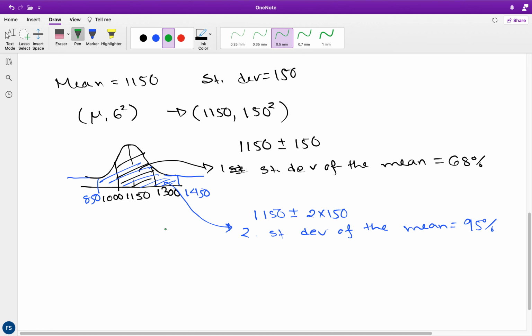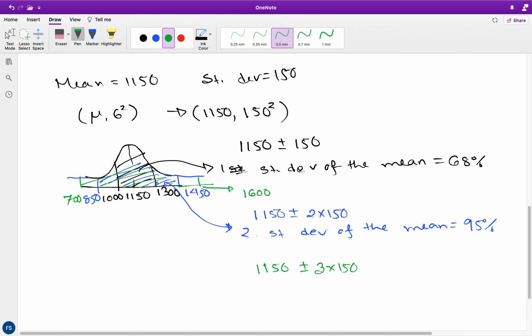If I ask you to draw the third standard deviation of the mean, you are just going to plus minus 3 times the standard deviation. So in that case, sorry, I'm running out of space. This is going to be 1600, and if you subtract 450 from the mean, it's going to be 700.